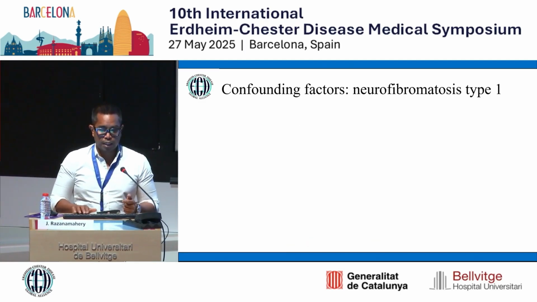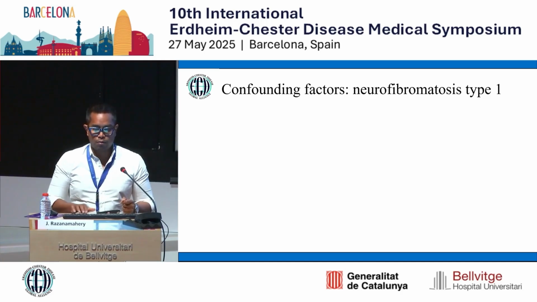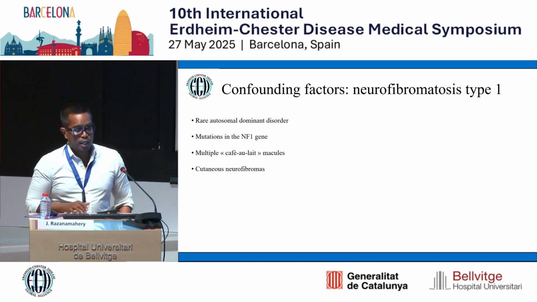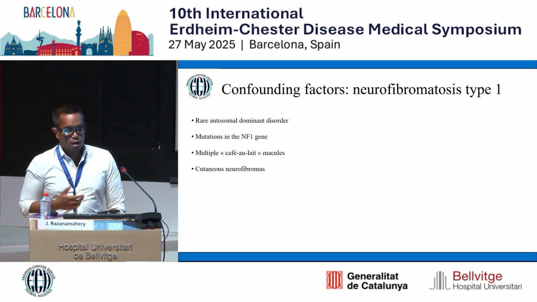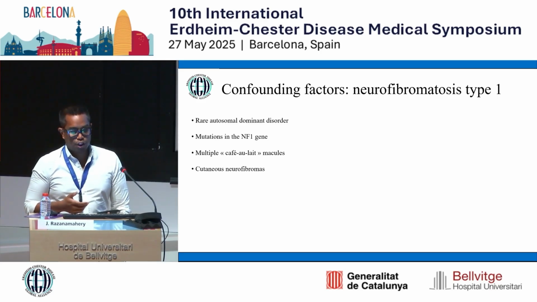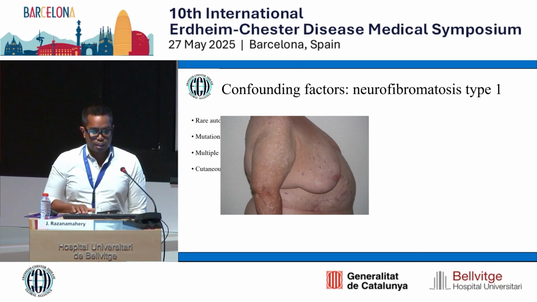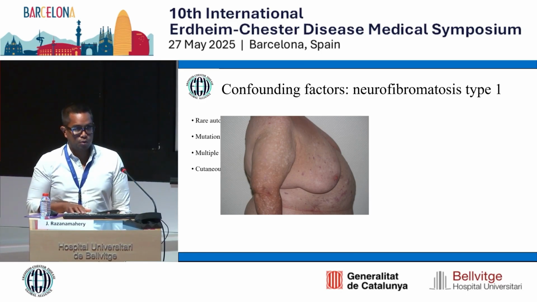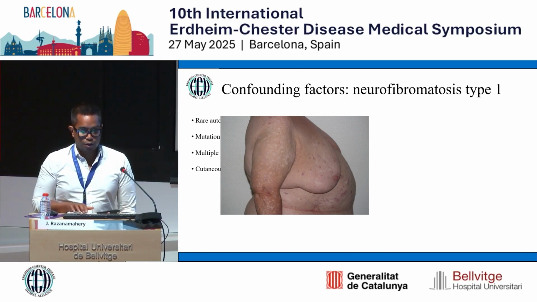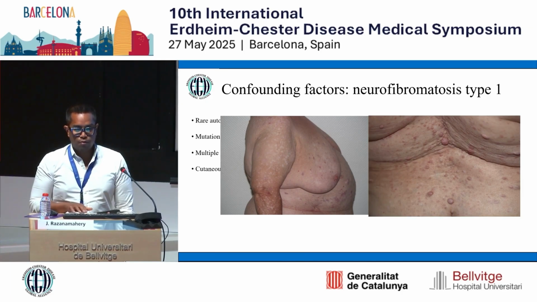So the first confounding factor was neurofibromatosis type 1. It's a genetic disease caused by a mutation in the NF1 gene, with multiple café au lait macules on the skin, and the patient can have cutaneous neurofibroma. So this is the picture of the patient with the café au lait lesions, and here you see the neurofibroma.